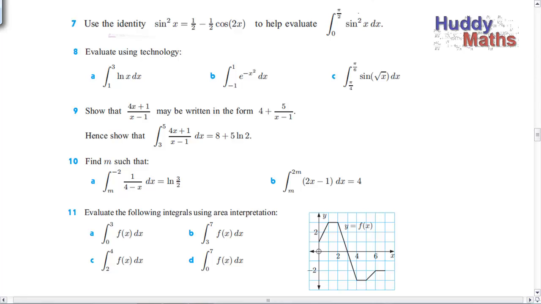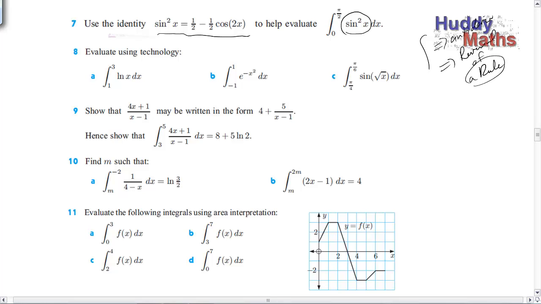I do want to mention 7, because you don't know what rule of differentiation gave that, so you have to change it to something simpler, as we've seen before. So you use a half, take a half cos 2x there. Just remember that with integration it implies the antiderivative, so that implies reversal of a rule, a rule of differentiation.